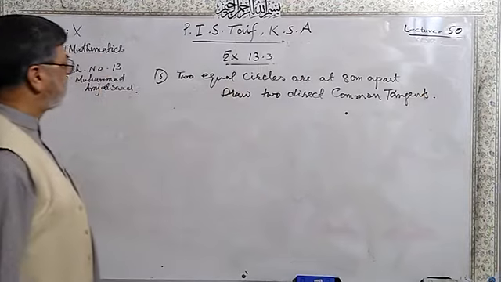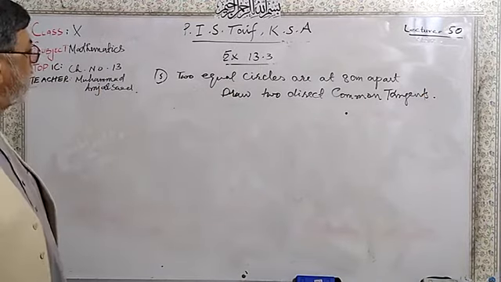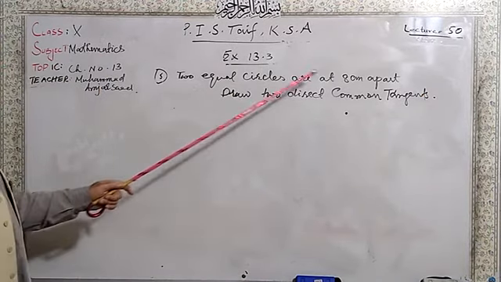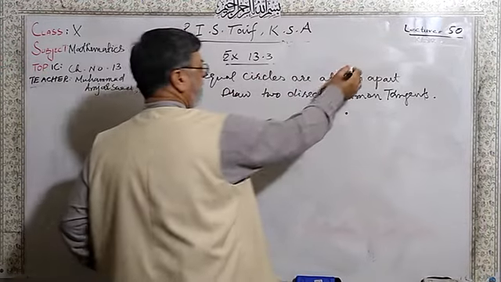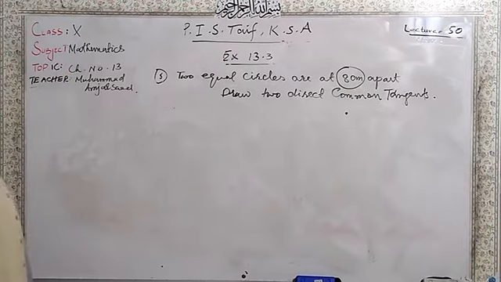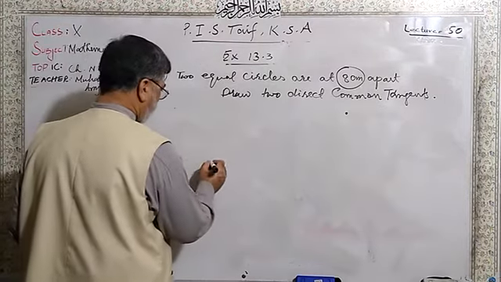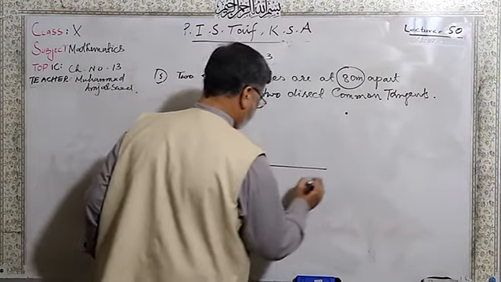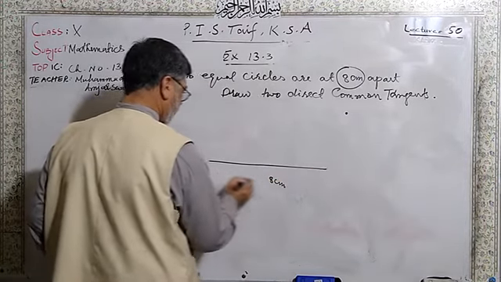Dear students, look at that. Two equal circles are at 8 centimeter apart. Actually, this is the distance between the centers of two circles. You draw a line segment of length 8 centimeter.